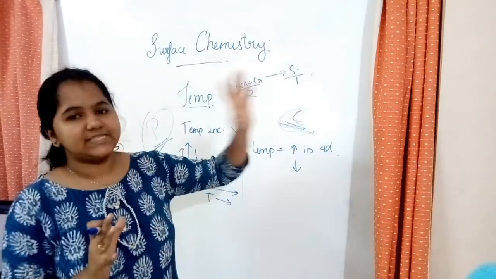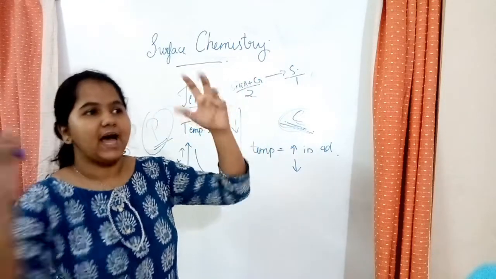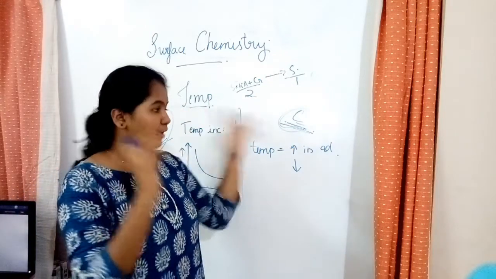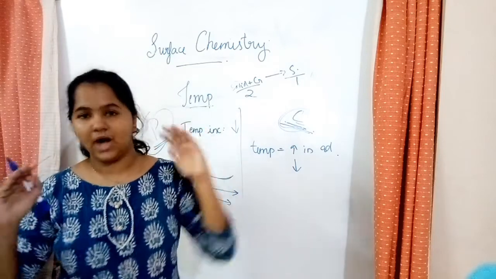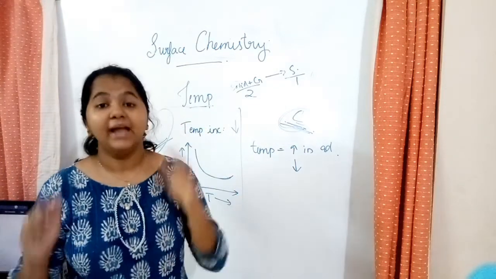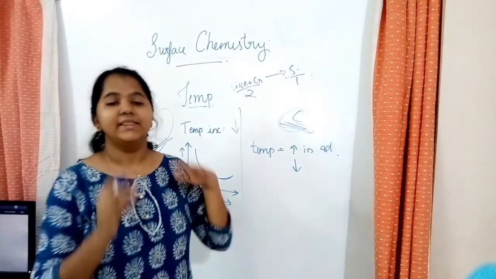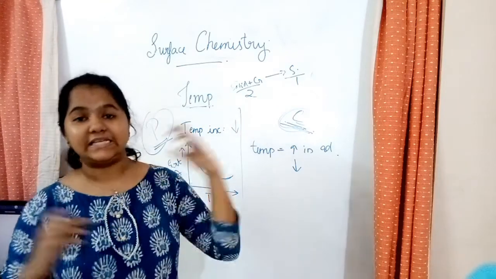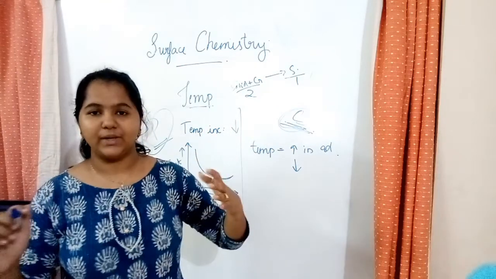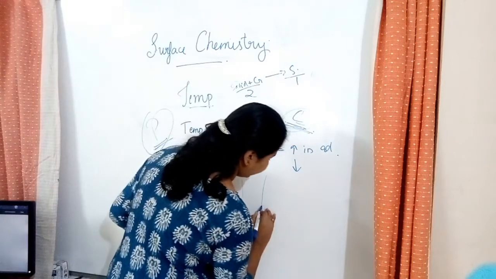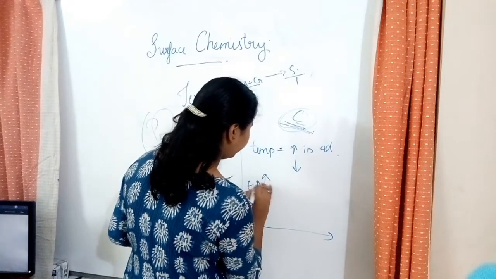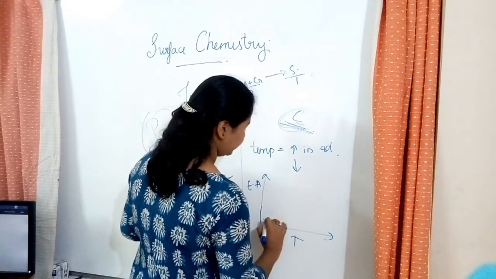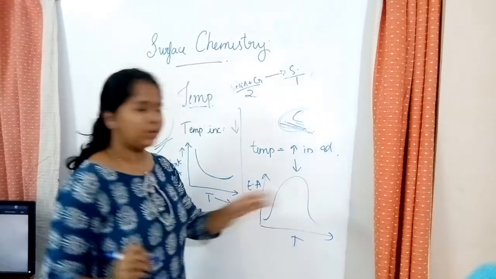To an extent the temperature increases and the bonds are formed. After a particular extent, when the temperature is too high, desorption happens. The adsorbed molecules get desorbed. The graph would look like this. This is the extent of adsorption, this is the temperature, and the graph looks like this.